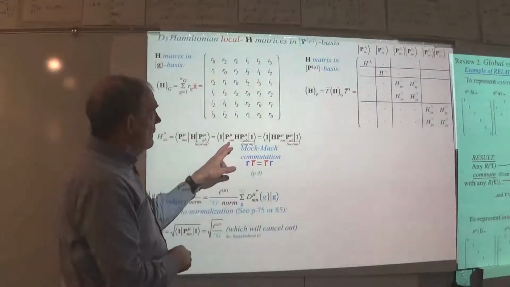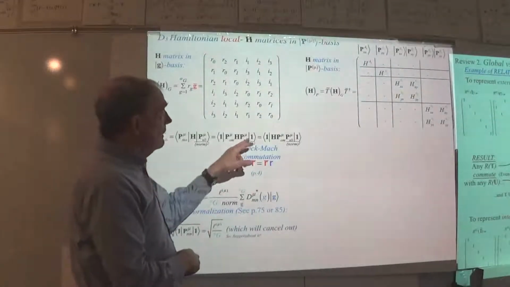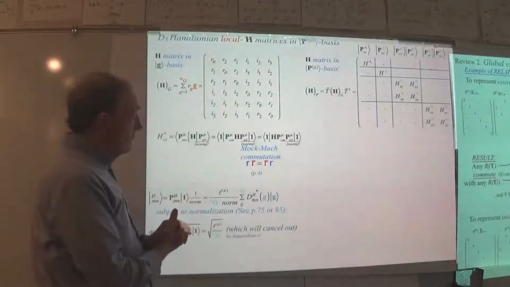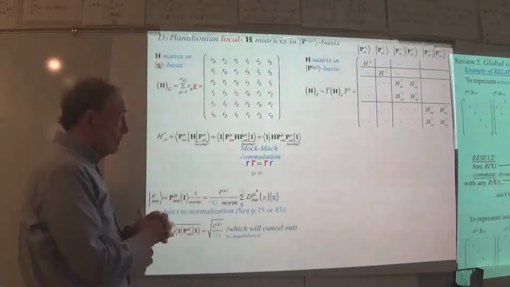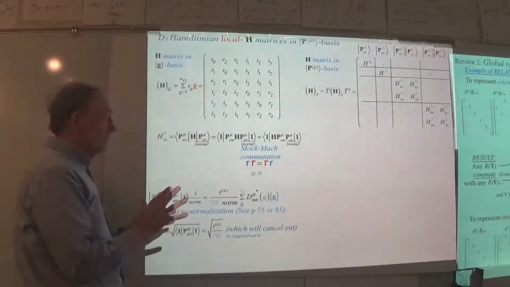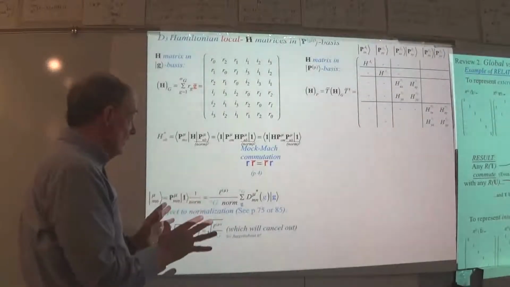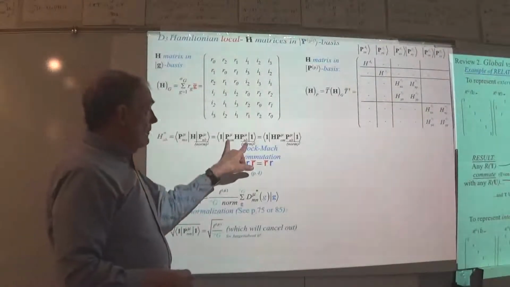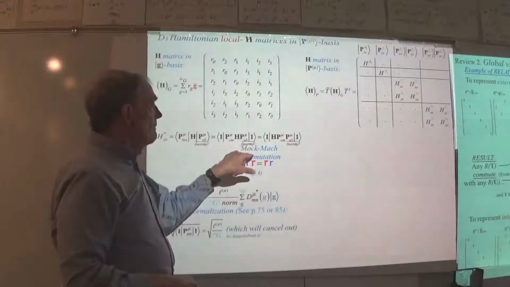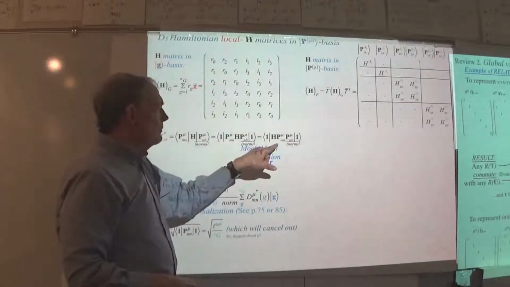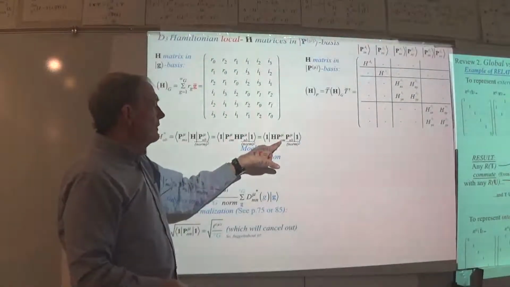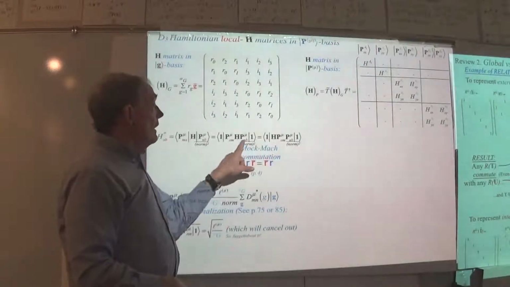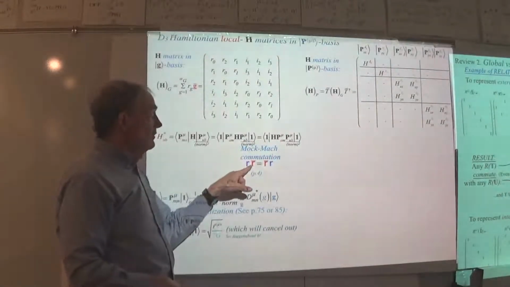So that is what we are dealing with here. We got, and the red letters are components of local body quantities. Okay, so there'll be a norm squared here, but that norm squared is going to get canceled. That's what's basically happening here. And so here I do the commutation.